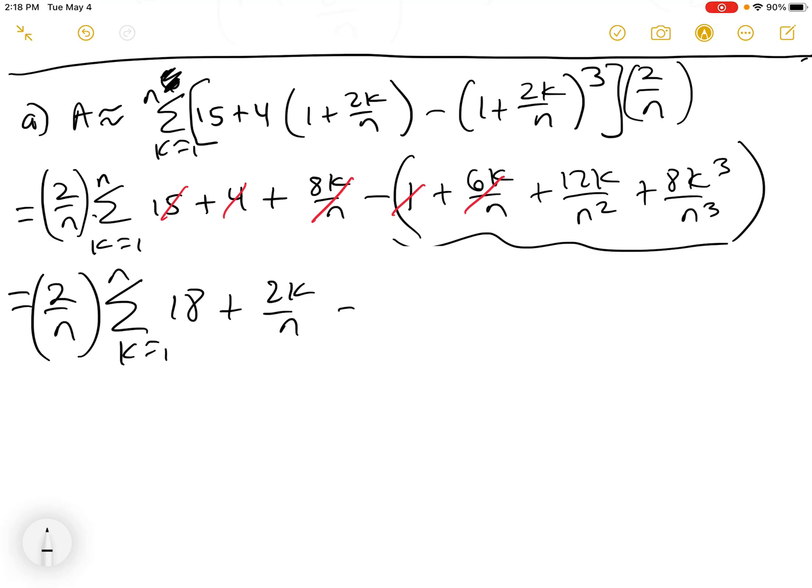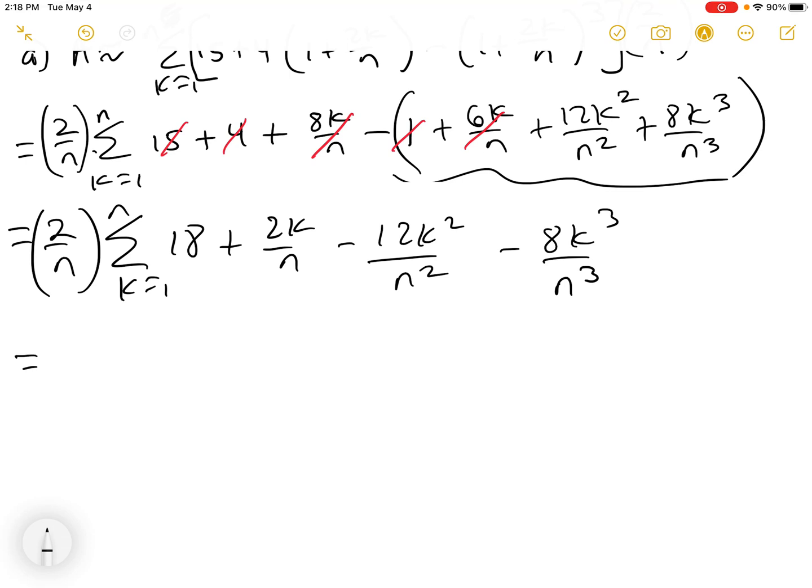And now it's minus 12k squared over n squared, minus 8k cubed over n cubed. That's hard. Okay, 19 minus 1 is 18, 8 minus 6 is 2, minus 12, minus 8. All right, we're getting there.